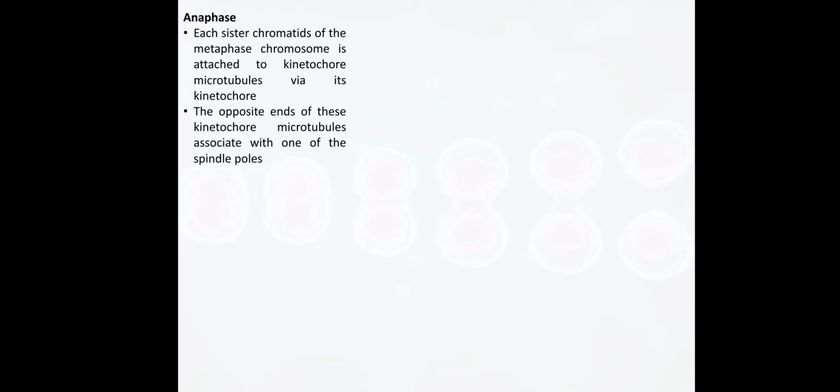So there are many dynamics happening here. Sister chromatids, what are sister chromatids? To be clear, this is the whole chromosome. Sister chromatids are these. So this is a chromosome first, having 4 chromosomal arms.